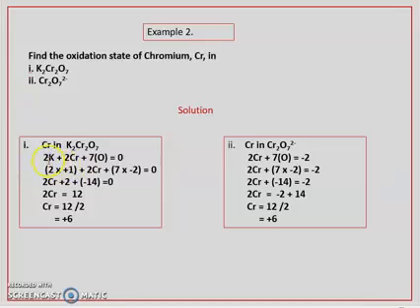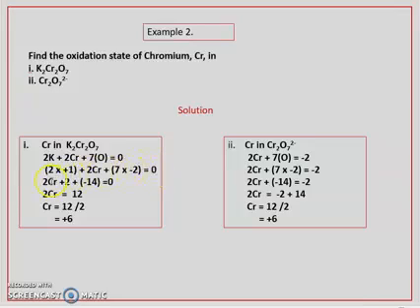So what is the oxidation state of potassium? Plus 1. So we have 2 times plus 1 plus, we are looking for that of chromium. So we have 2 chromium here. Plus the oxidation state of oxygen is minus 2. And how many oxygen do we have? 7. So we have 7 times minus 2. So this will give all total and give you 0.